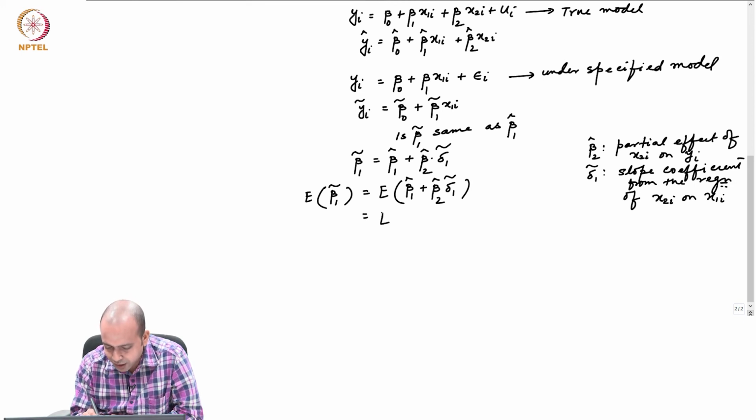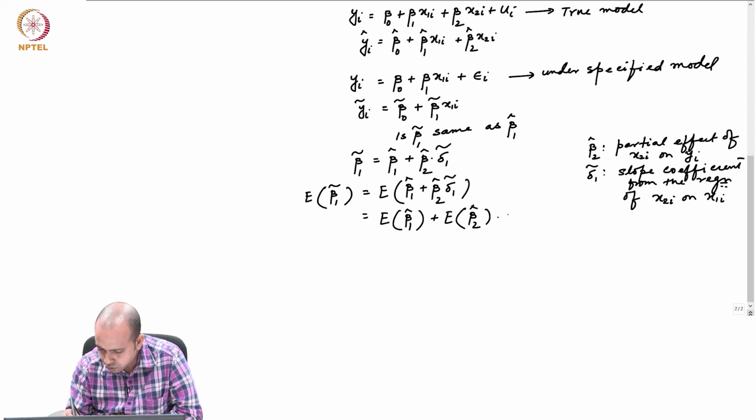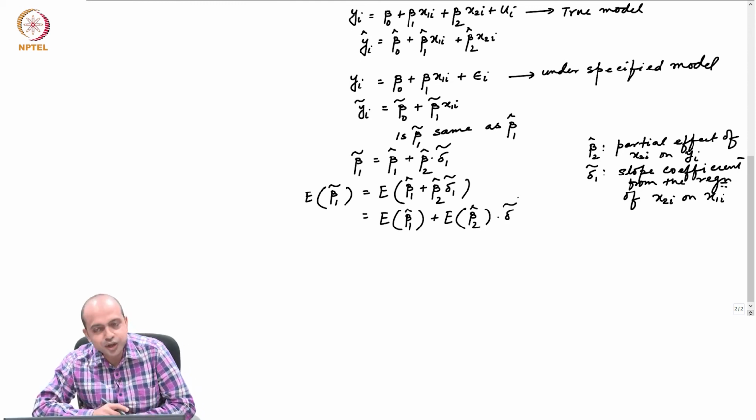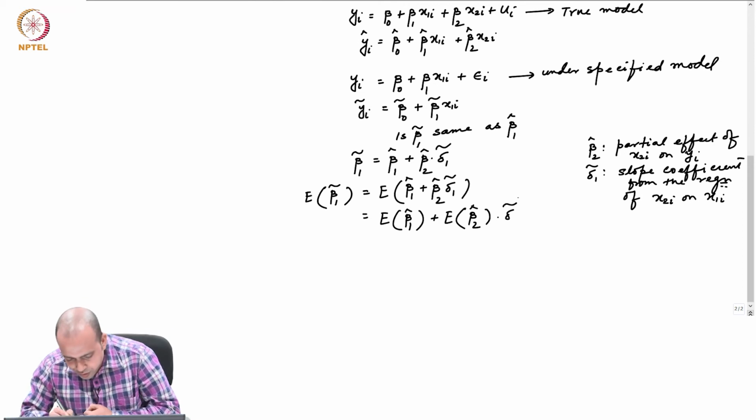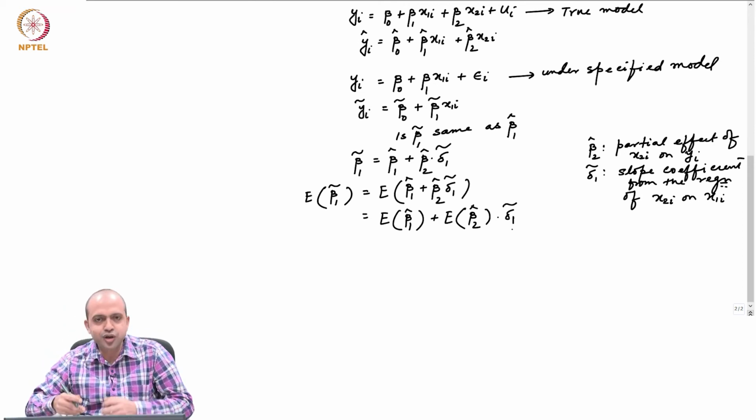This we can write as expectation of beta 1 hat plus expectation of beta 2 hat into delta 1 tilde. Why are we not taking expectation of delta 1 tilde? Because delta 1 tilde is the sample correlation between x1i and x2i.